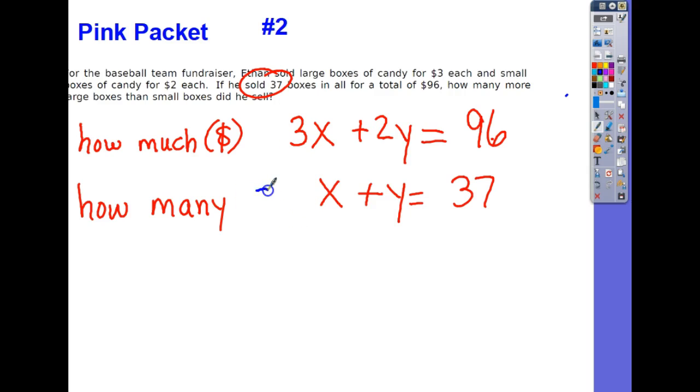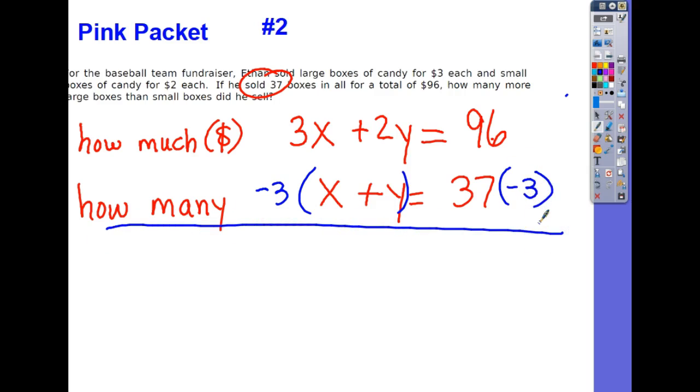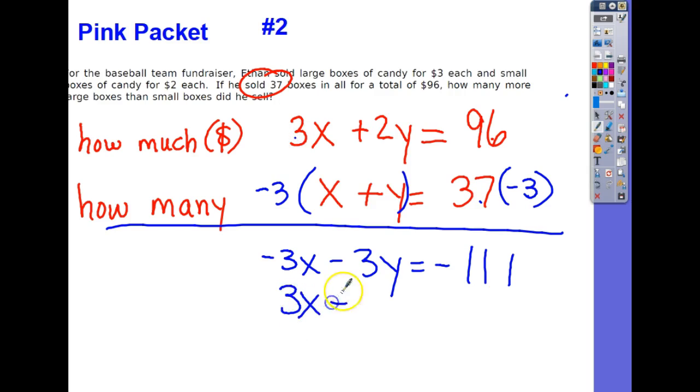So I need to multiply this equation by -3. When I multiply this equation by -3, I would get -3y equals -3 times 7 is 21. And then I need to bring this equation down so that I can add up the columns.